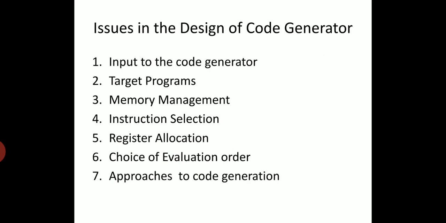Then fourth point deals with the issues in instruction selection for getting a good code as the target program statements. Then fifth one is the register allocation regarding the instructions. Then choice of evaluation order of the statements is also another issue. Then approaches to code generation is the 7th issue in design of code generator.